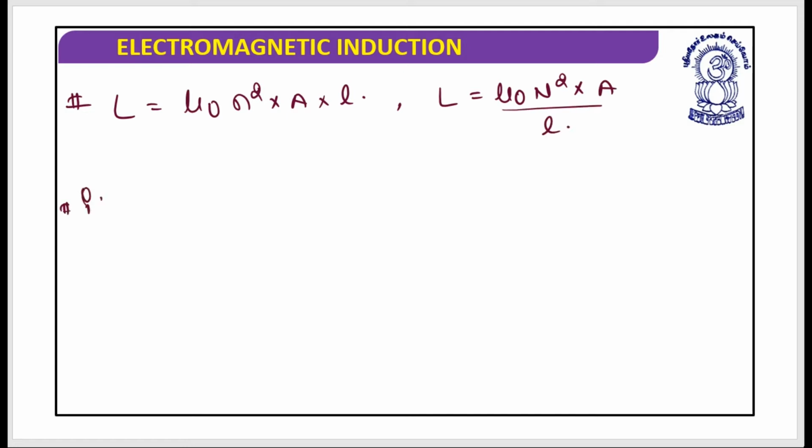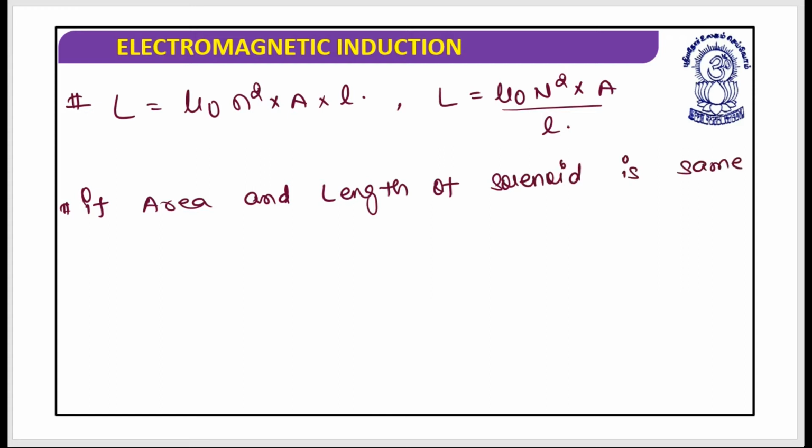So if the area and length of the solenoid are the same, then L is directly proportional to n squared. And when I say small n, it's the number density.